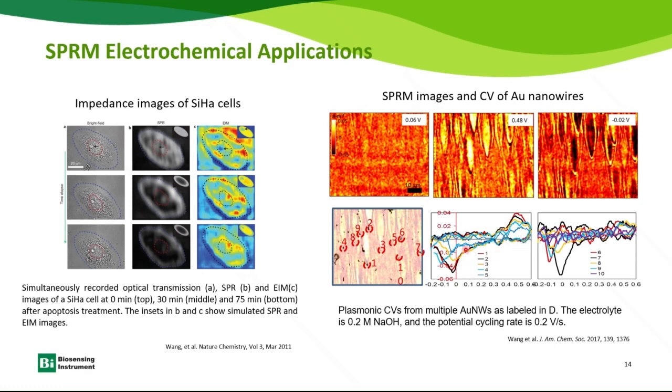Depending on the size, the conductivity and those different properties of the individual gold wires, you see differences in the CV, which proves those nanowires are not uniform. They have different physical shapes, scales and properties.